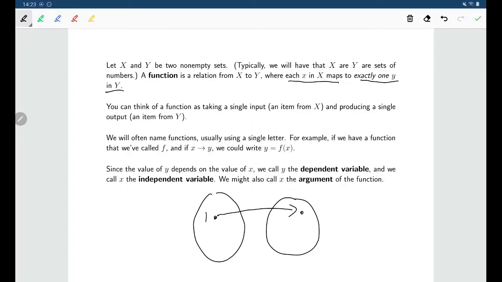So something like 1 mapping to 2, that would be fine. You would see that in a function, but you wouldn't see 1 also mapping to some other value. That would mean that this is no longer a function, because now you have one x value mapping to more than one y value.